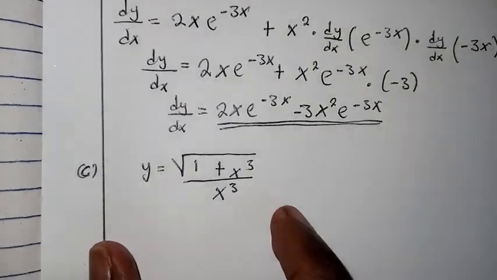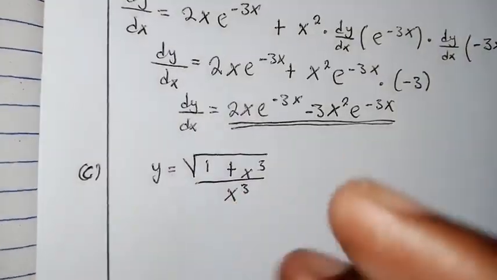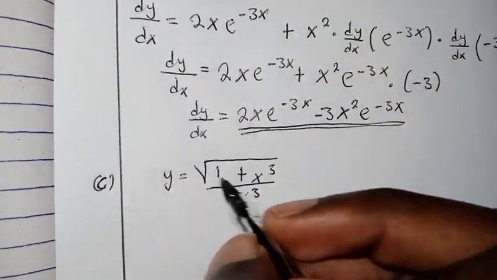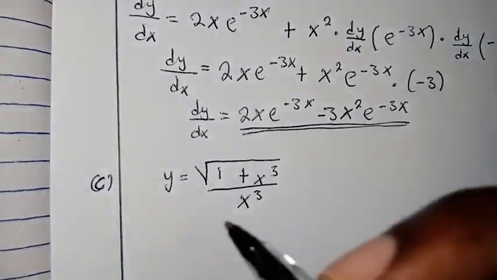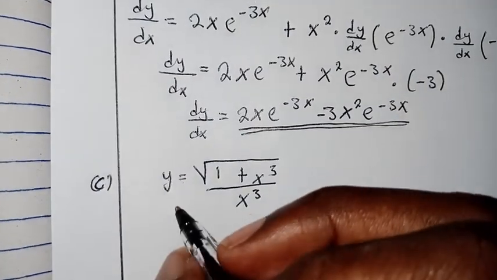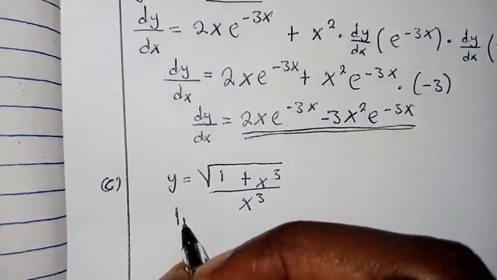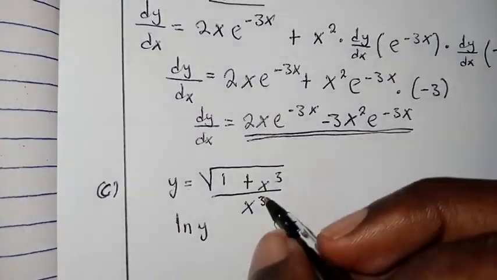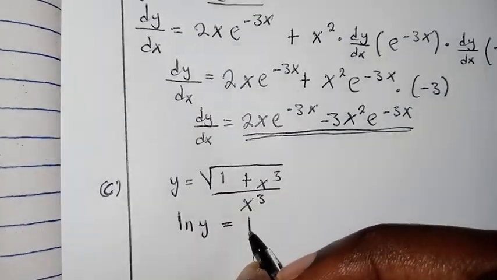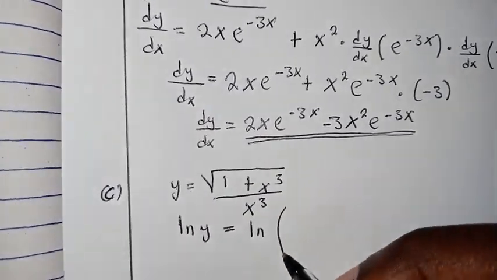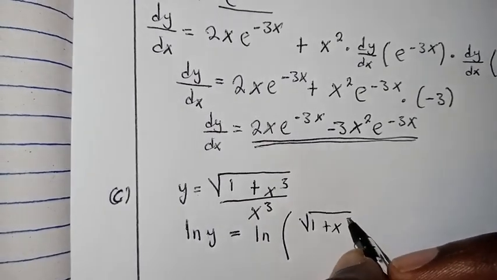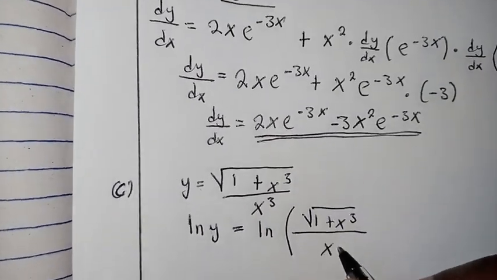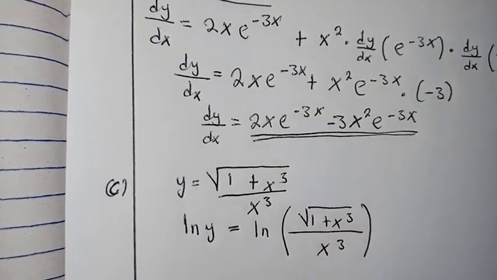So the natural log is going to help us here. How do I know? Because I have a radical here. How is it going to help me? Let's try to do this. If I introduce ln to y, then I also introduce ln to everything here. Then I know everything is going to be simple. Why?